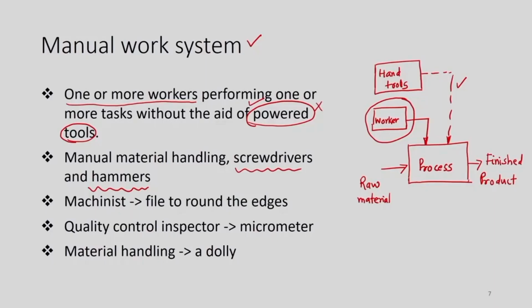This is also a manual work system. Third, as far as material handling is concerned, there is a dolly, and a person is conveying material or things on a dolly. That is also an example of a manual work system.